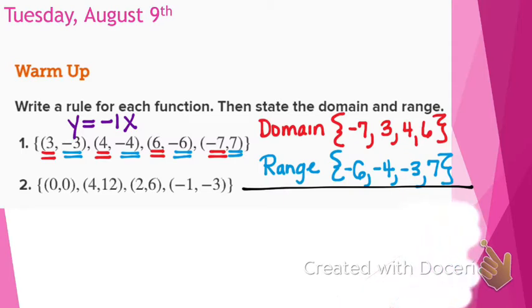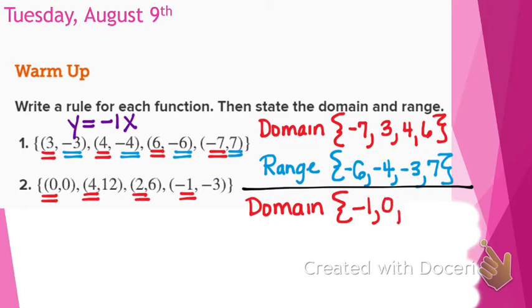So we have our domain. Again, these are my numbers in my domain. What's the smallest x value that I have underlined in red? -1, good. And after -1? 0. After 0? 2.